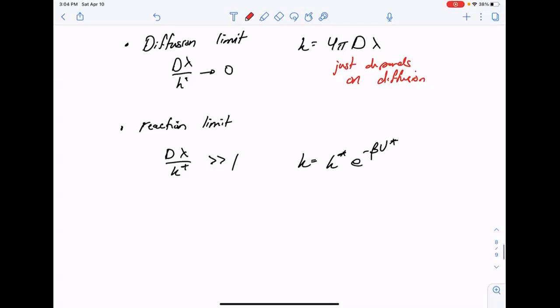So the two limits are: one, where the bimolecular rate just depends on the diffusion constants, how particles move through the solution. When they move very quickly, then the bimolecular rate depends on just the intrinsic reaction rate, the characteristic time over which the barrier crossing or the activation of the complex occurs.